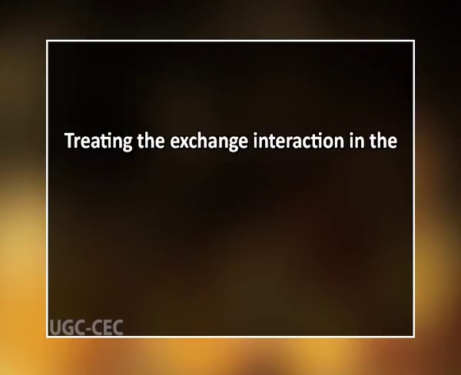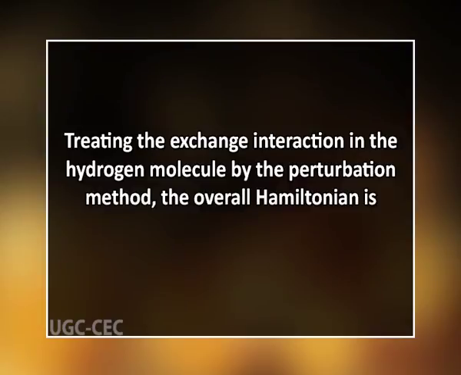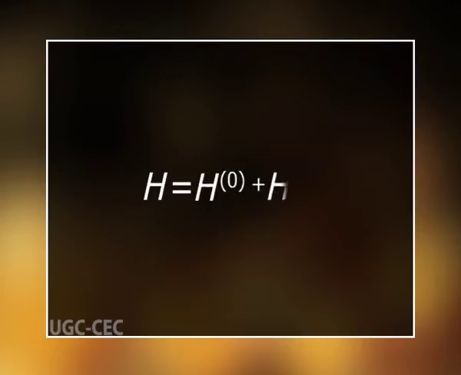Treating the exchange interaction in the hydrogen molecule by the perturbation method, the overall Hamiltonian is H is equal to H0 plus H1, where H0 is equal to h square divided by 2m times del 1 square plus del 2 square minus e square divided by R1 minus e square divided by R2, and H1 is equal to e square divided by RAB plus e square divided by R12 minus e square divided by RA1 minus e square divided by RB2.